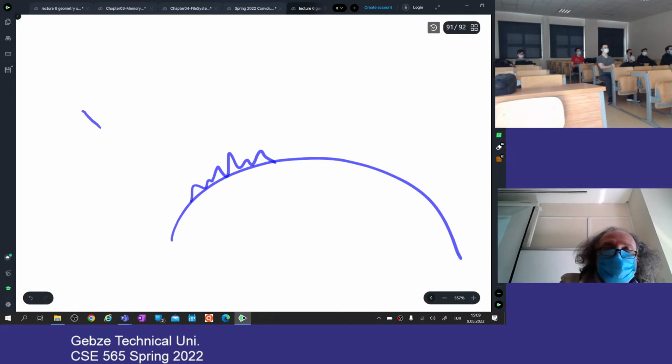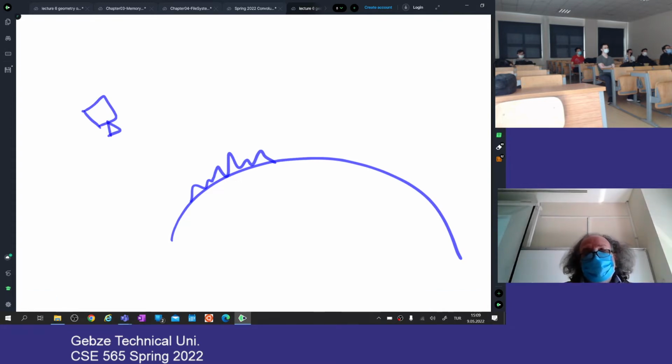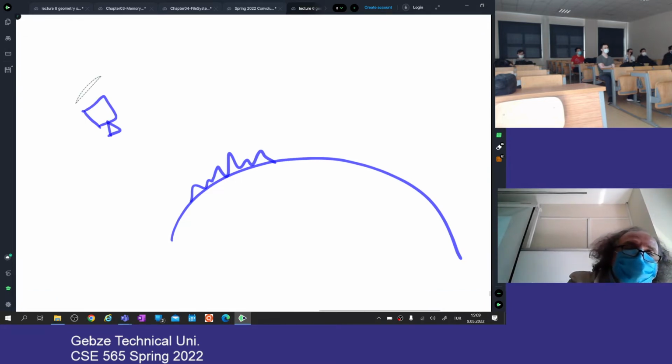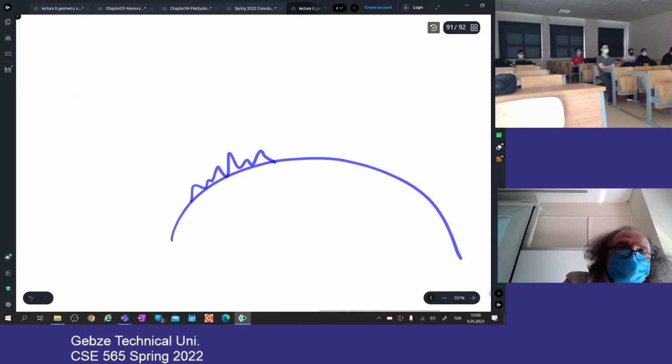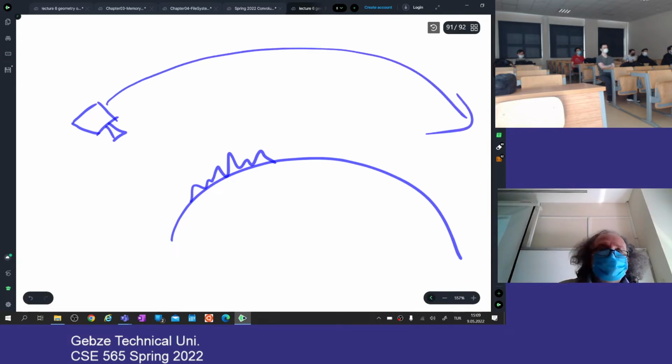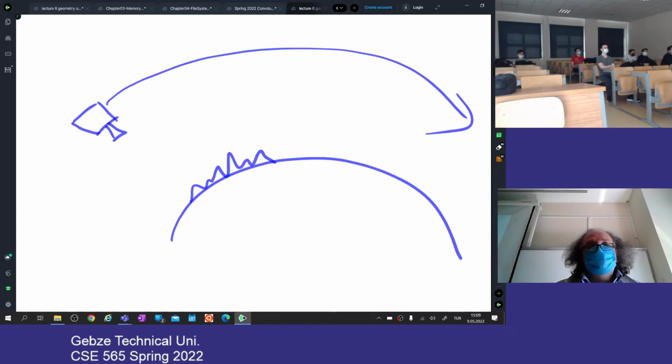So the satellite is looking at the Earth this way, and it is in orbit, and it rotates. It orbits around the Earth that way.